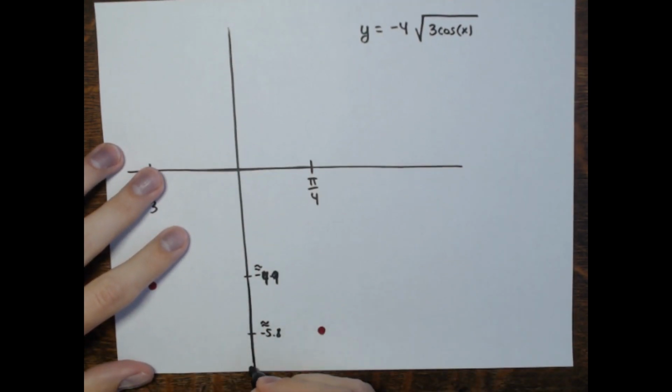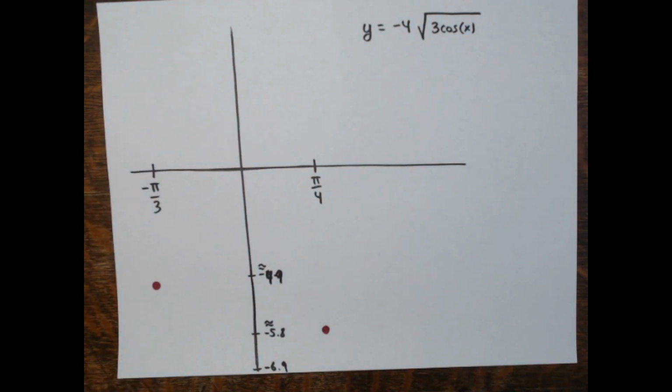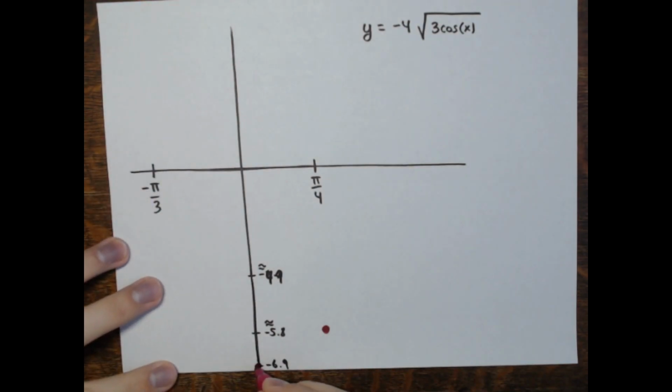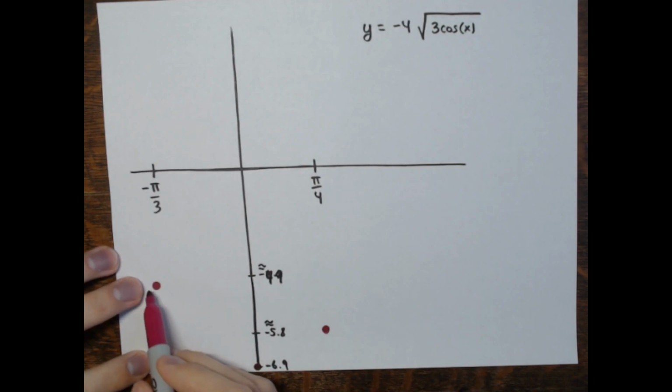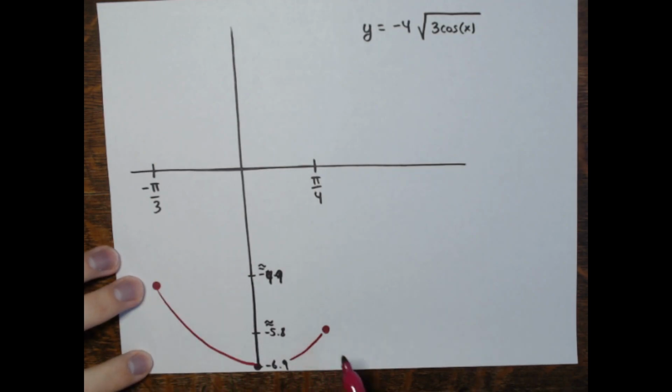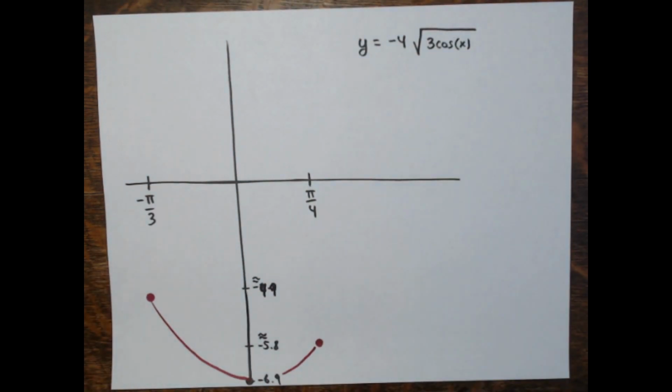Right. When I go to 0, it's at -6.93 something, about 6.9. All right, and I feel like it's just going to be doing something like this. It should be kind of wavy, right? Because the cosine's wavy.